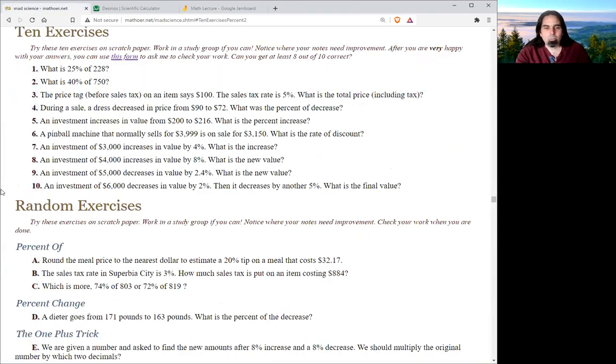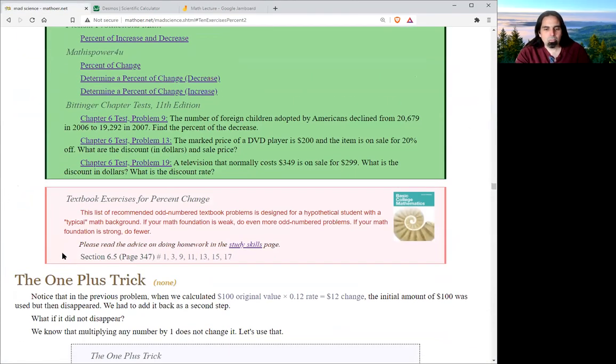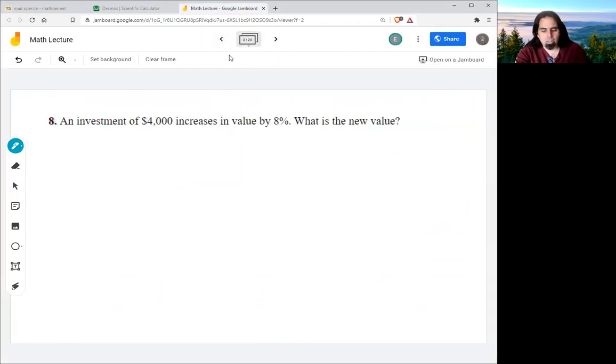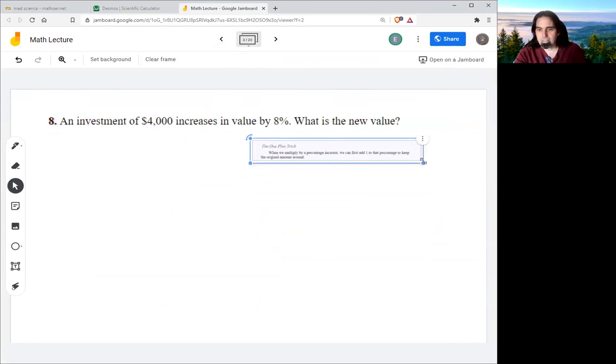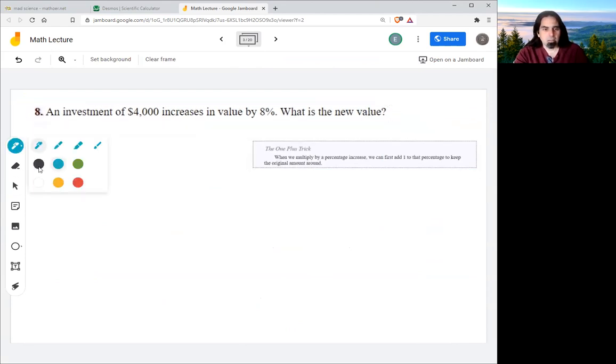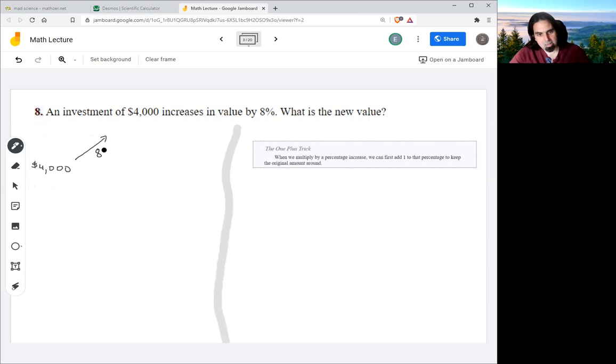One thing that we probably should review was this 1+ trick. So let's do number 8 two different ways. I could do it the normal way, like we just did. Have something that's 4,000. It goes up by 8%.